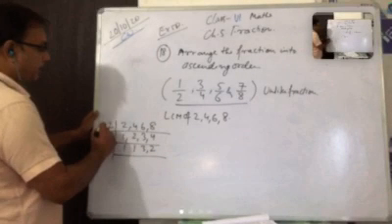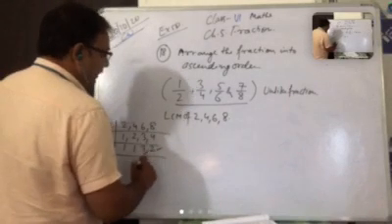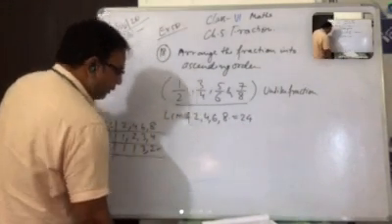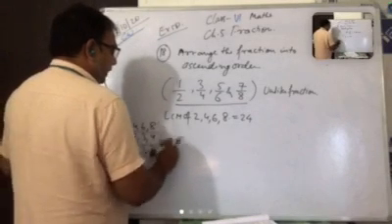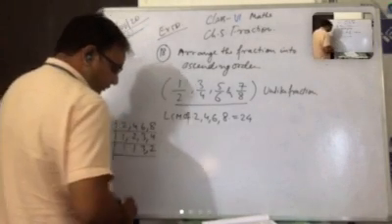The LCM is 24. So now the required denominator for every fraction is 24.